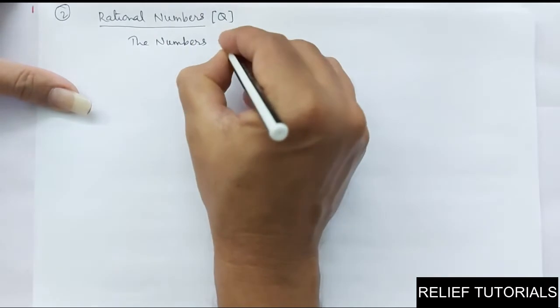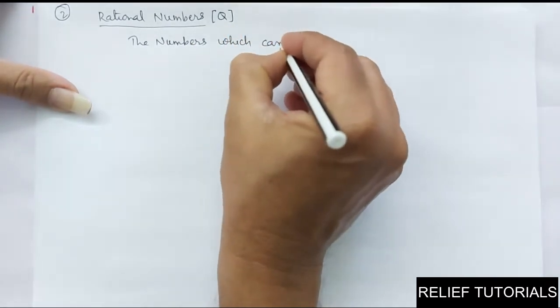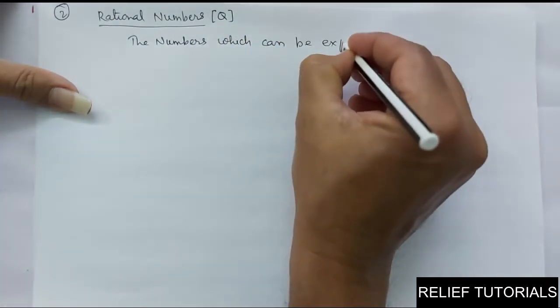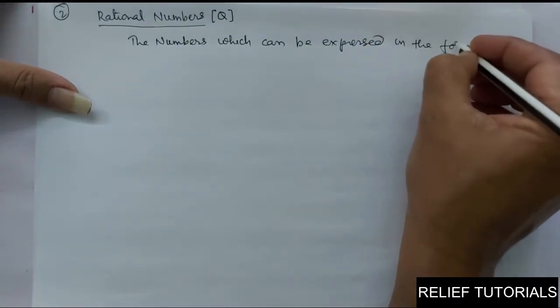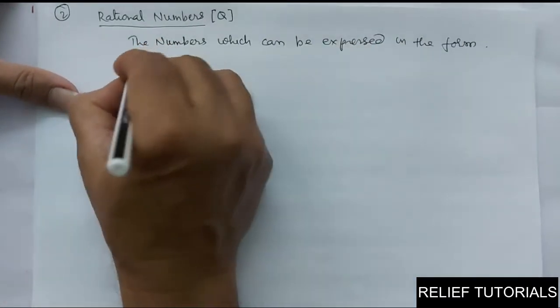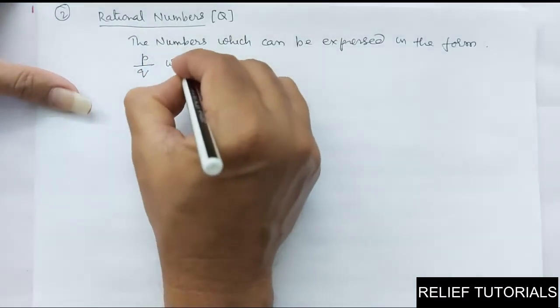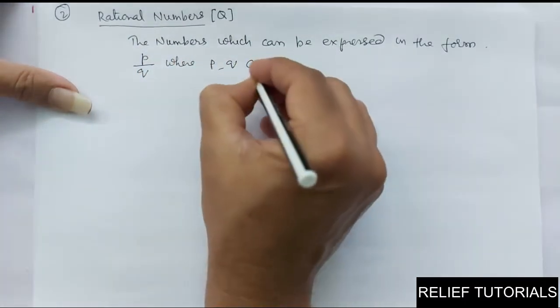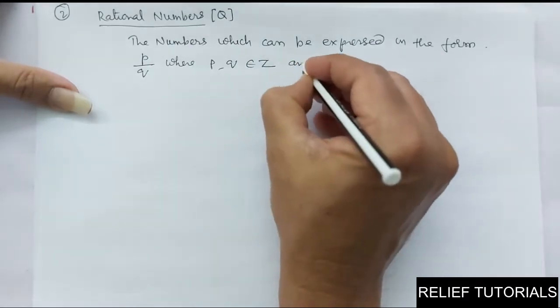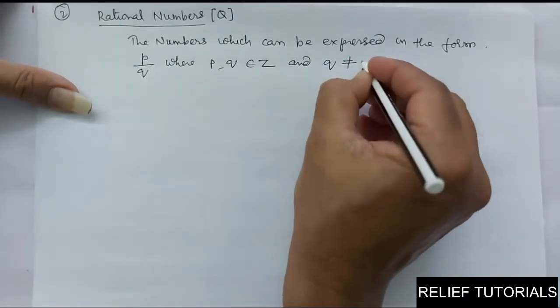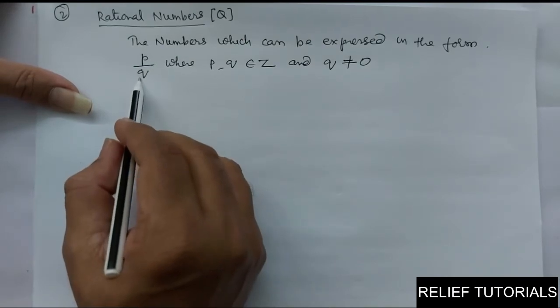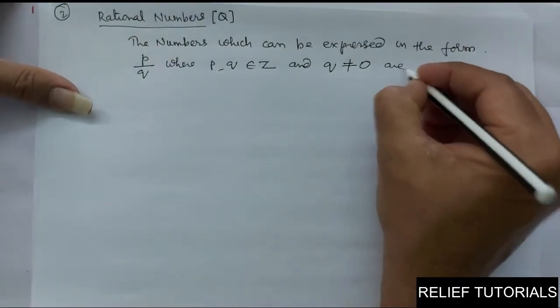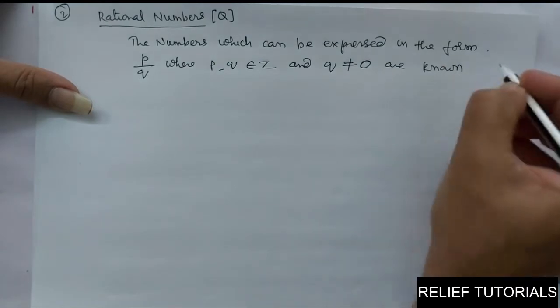The numbers which can be expressed in the form p by q, where p and q belong to Z and q is not equal to 0. The denominator should not be equal to 0. These are known as rational numbers.